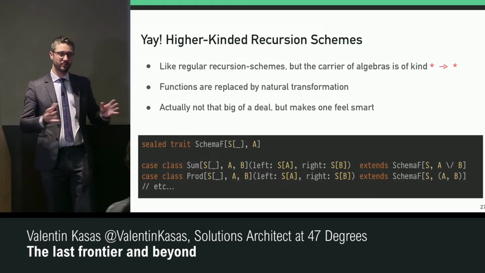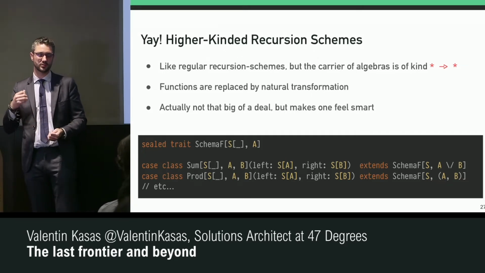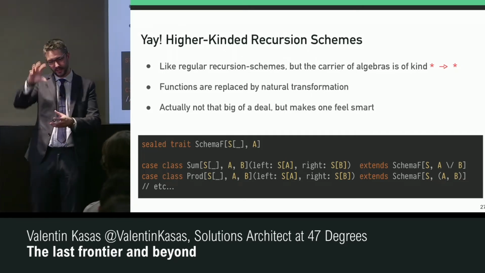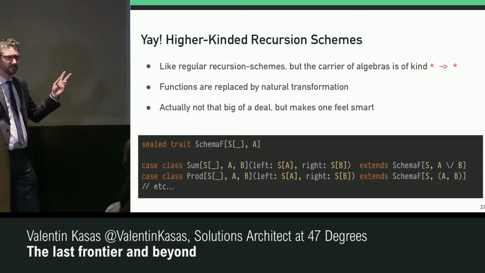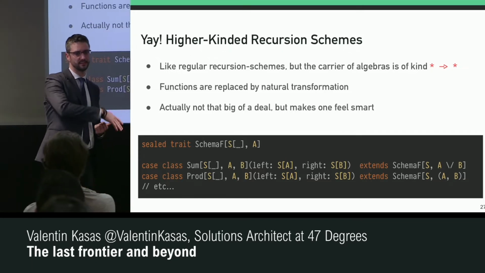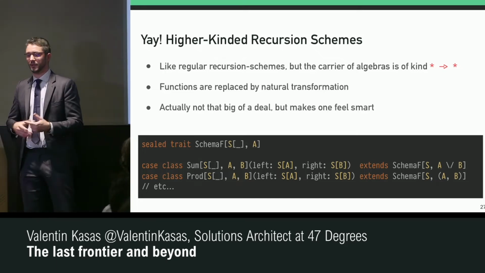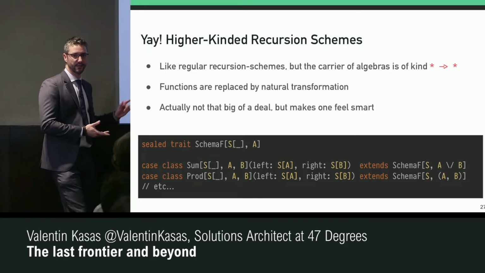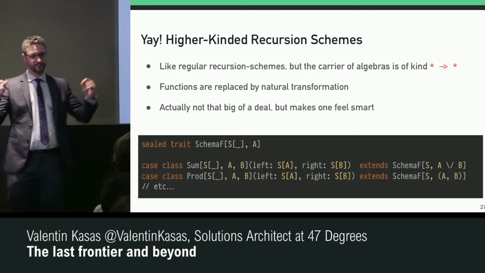Basically, the recursion scheme library will give you the traversals, and you, as a user, will just define what you want to do with every node of your tree, for example. So there are two libraries for that in the Scala ecosystem: Matryoshka, based on Scalaz, and Droste, based on cats. But unfortunately, we cannot use any of those because we are working one kind higher.